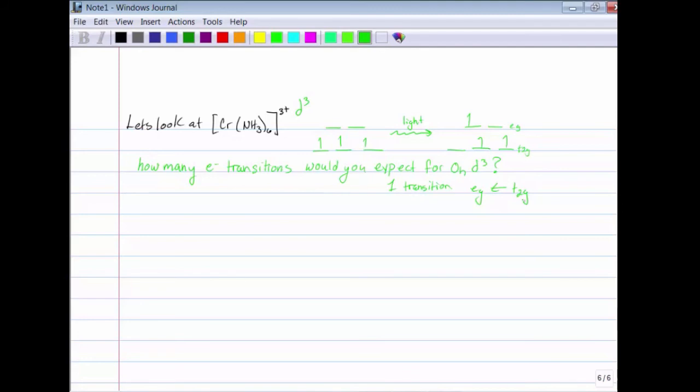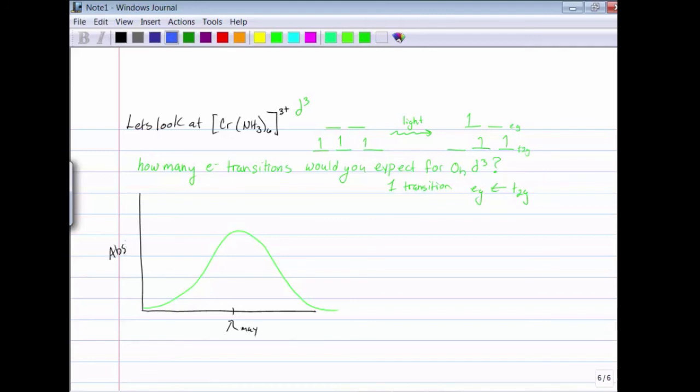If the geometry was different, maybe you could have a different number of transitions based on how many higher energy orbitals you've had. But it's only an estimation. If I look at what you would expect, so let's say I expected one transition here, or even two, like Haley said, and I had some lambda max. This is absorbance over here.